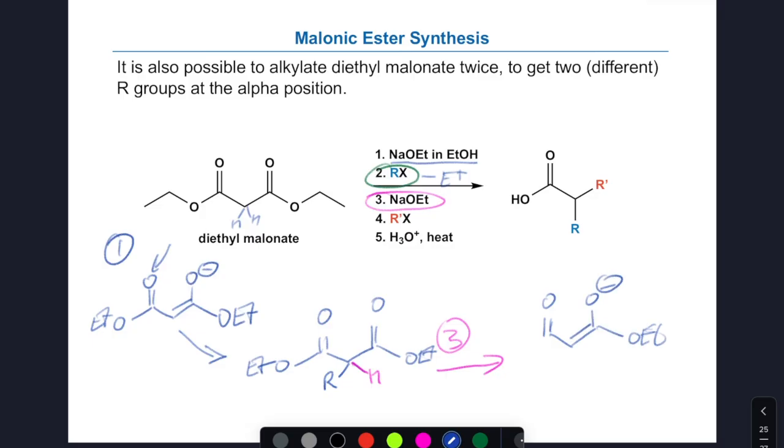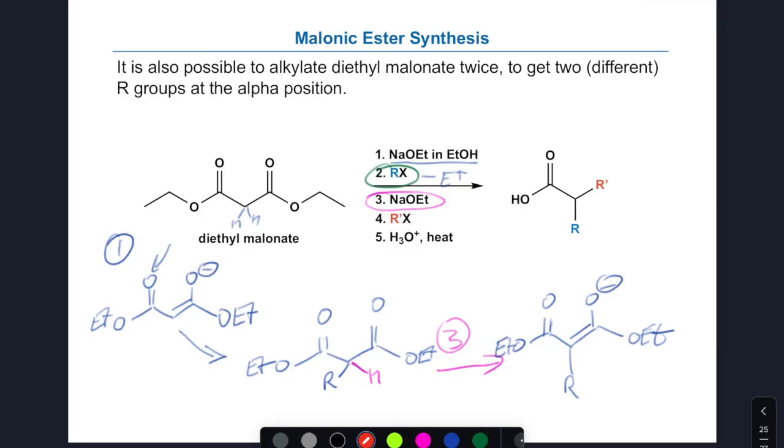And remember, this alkylation step only works on centers where we have these kind of doubly substituted enolates. So after this first addition here, we have now made a doubly substituted enolate. This nucleophile will only allow something like this alkylation again.